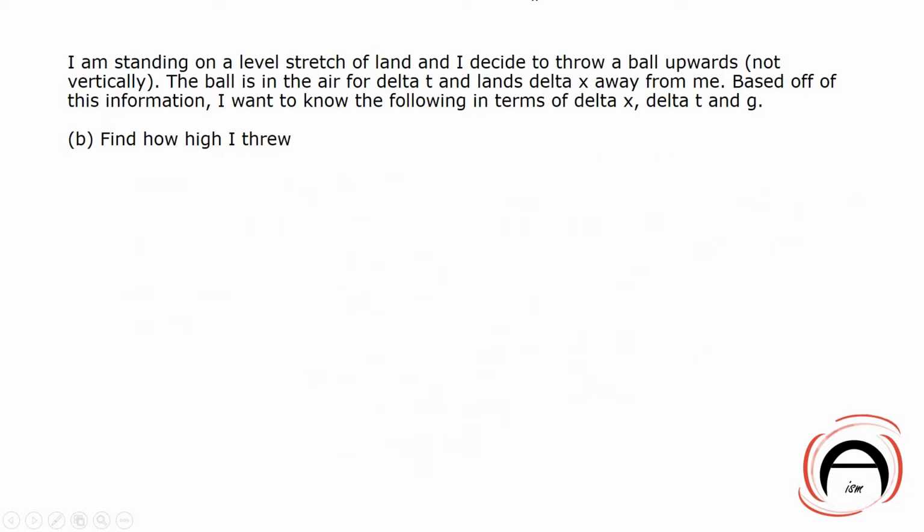So moving on to part B, find how high I threw. If you think about a parabola, or any object, when I'm standing on the ground and I throw it, it's going to peak at some point. That point is going to be right here.